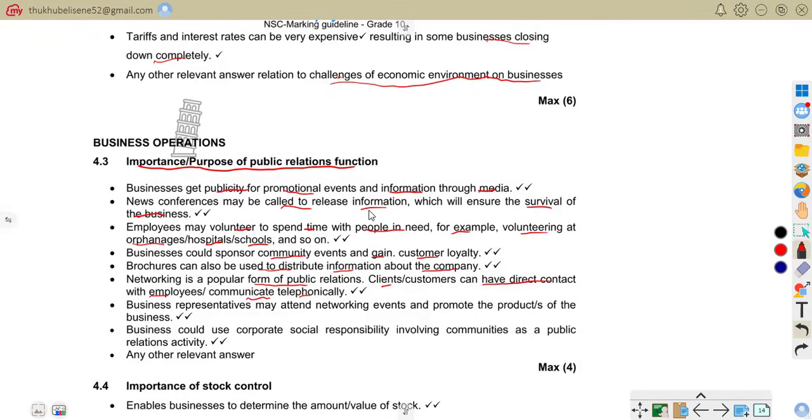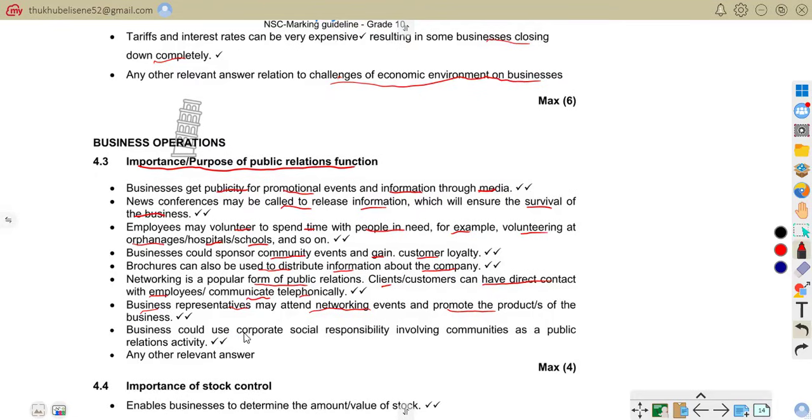This builds strong relationships with customers. Business representatives may attend networking events and promote the products of the business. So this will promote products and services.